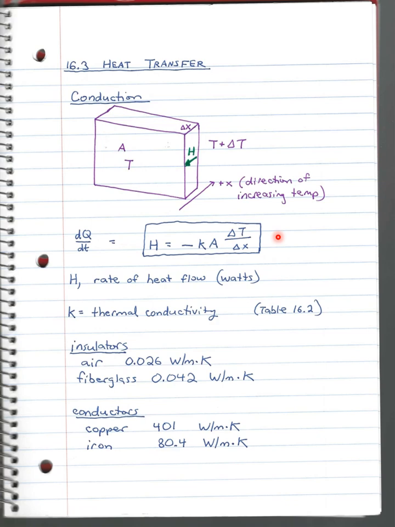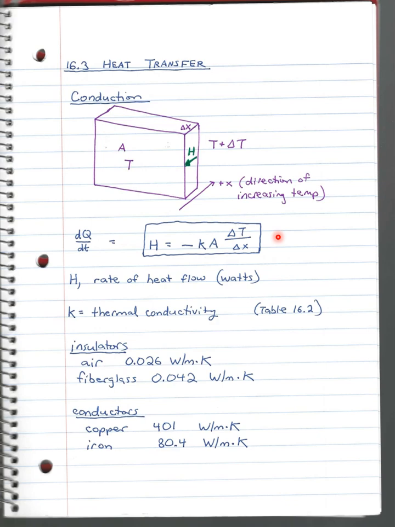So some examples of insulators versus conductors, and you can see the full table, again, in your book. It's table 16.2. But air, for example, with a very low thermal conductivity, is 0.026 watts per meter Kelvin. Fiberglass, another good insulator, is 0.042 watts per meter Kelvin.